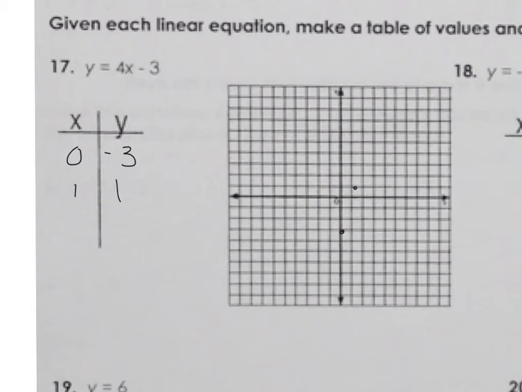Over 1, up 1 would be about right there. And let's do 2. 4 times 2 is 8. 8 minus 3 is 5. So over 2, up 5. So the graph of my line would look something like that.